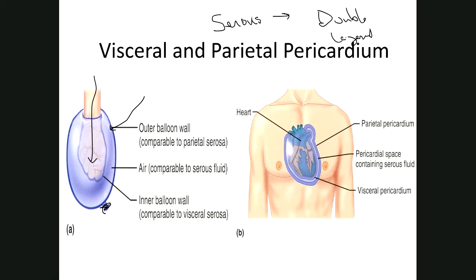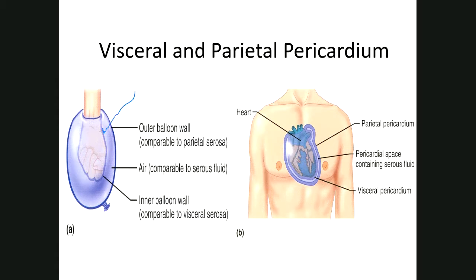Well, your fist is not really in the balloon. Air is in the balloon. But when you push your fist in here, even though it's only one balloon, you create two layers. You create one layer that's actually touching your fist, that layer right there. And you create another layer that's not touching your fist, that one right there.